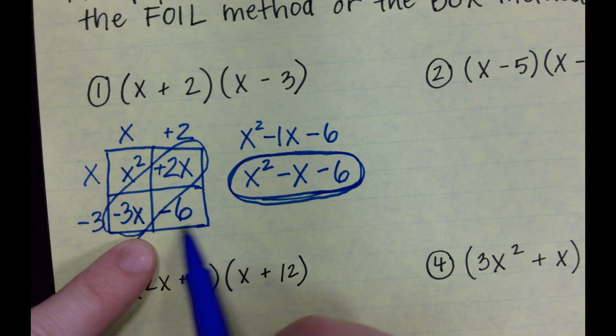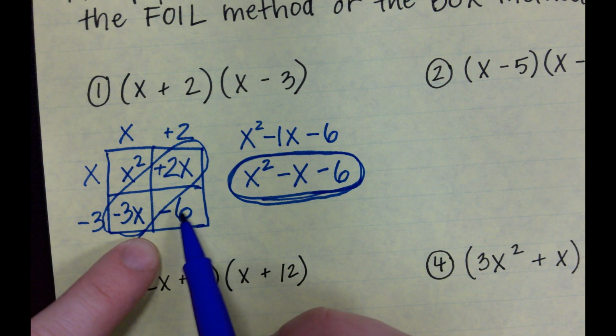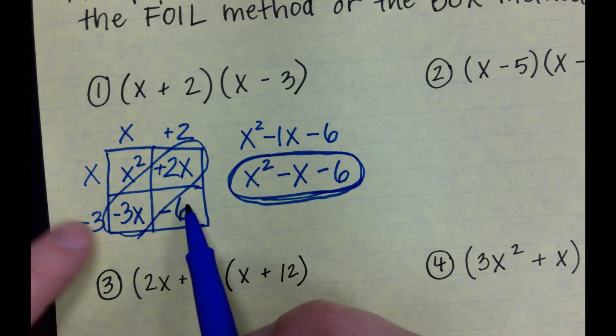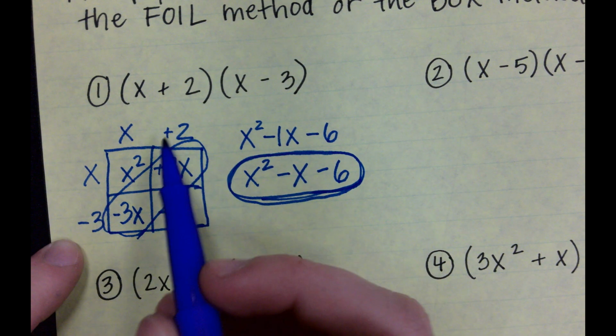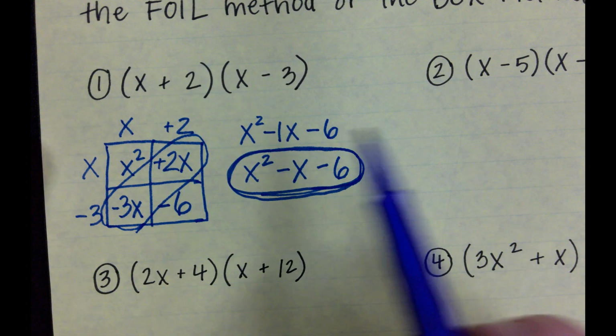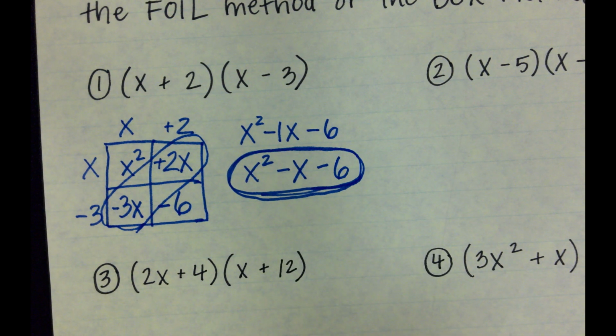Oh, you got minus 6 here? Yeah. You got 1 the first time around? Yeah. Okay, so you added instead of multiplying. I caught it. You did. I love that. That's awesome. You guys are awesome.